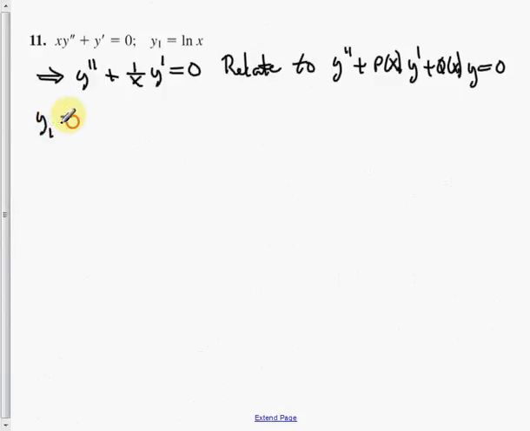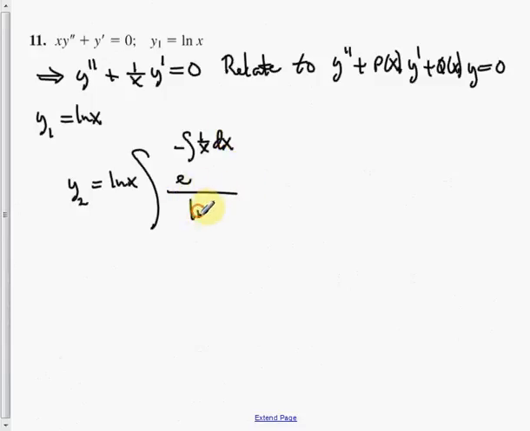So y sub 1 is equal to the natural log of x. Then y sub 2 is equal to the natural log of x times the integral of e to the negative integral of p of x, which is 1 over x dx, all over the natural log of x, that first solution, squared, dx.